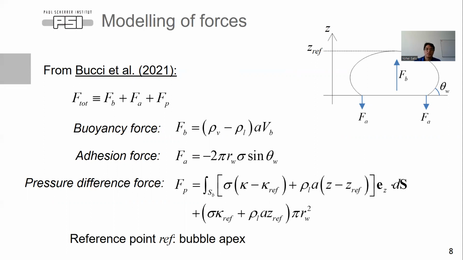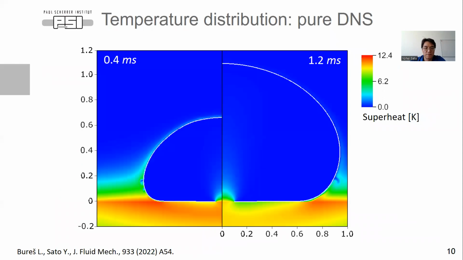The pressure difference force takes into account the hydrostatic pressure and also the pressure due to curvature or surface tension. And in the experiment, they calculated these forces based on the photos, and the result is that F total is almost 0 during the bubble growth cycle.